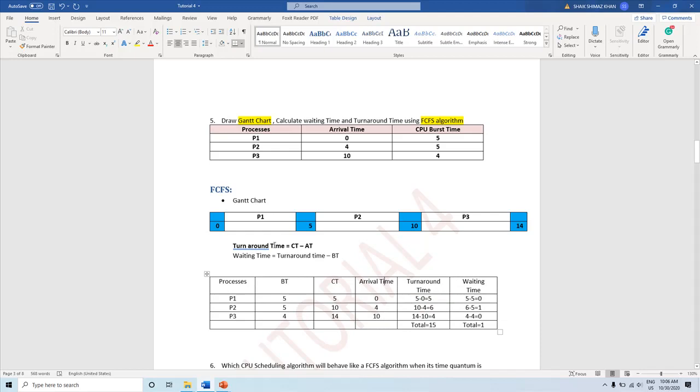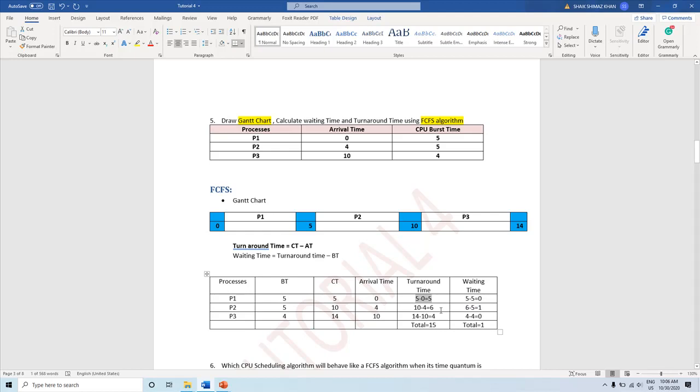Now the turnaround time is equal to completion time minus arrival time. So completion time for P1 is 5, 5 minus arrival time 0, 5 minus 0 is equal to 5, that is the turnaround time for P1.